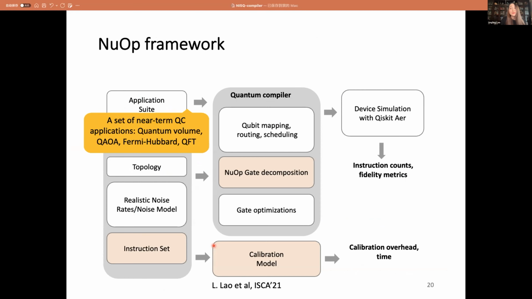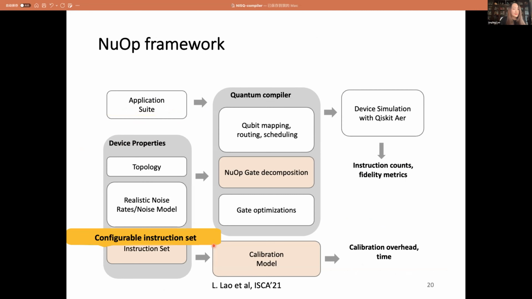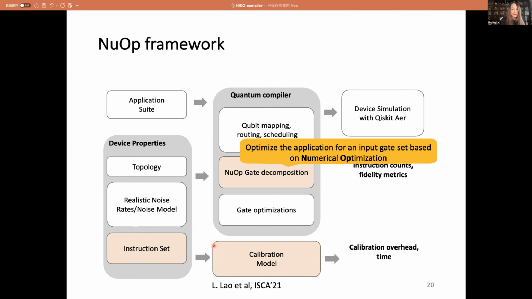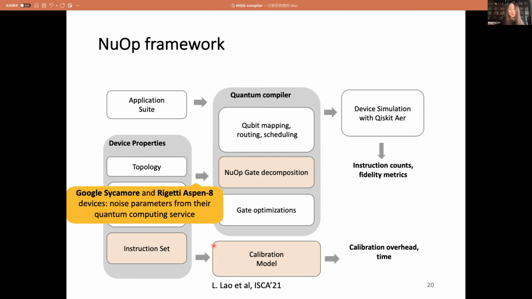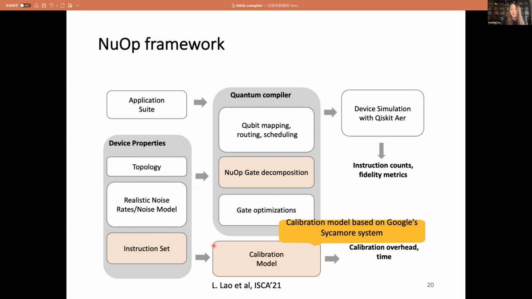For example, we could assume a set of applications and then assume some configurable instruction sets as FSIM gate sets or the XY gate sets, and use the noise-aware decomposition method, and then run simulations based on the real noise parameters or on the real devices, and also assume the available calibration model based on current systems to study the trade-offs between the application expressivity and also the calibration overhead.